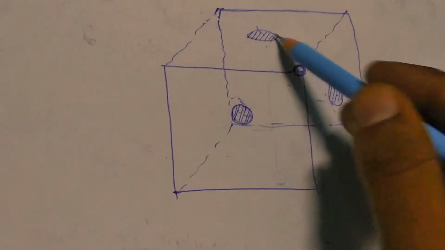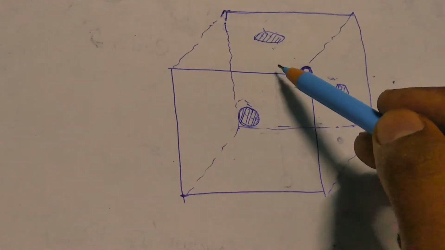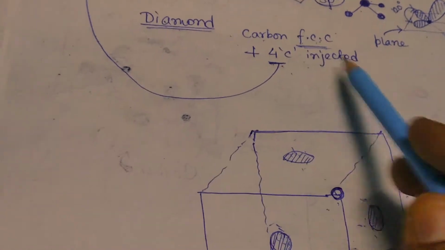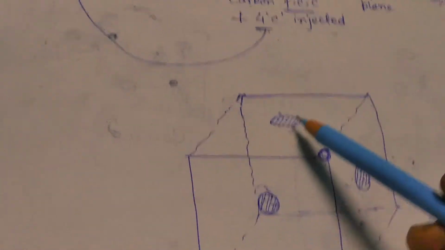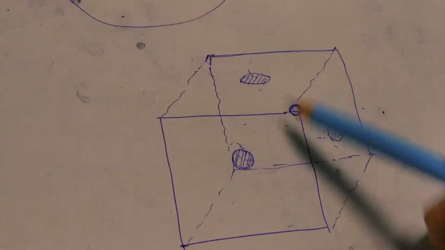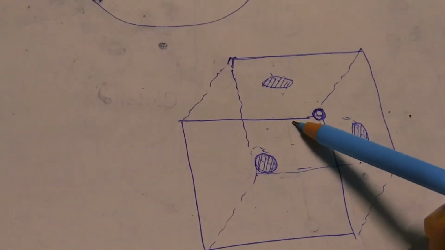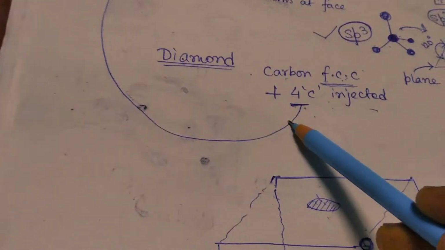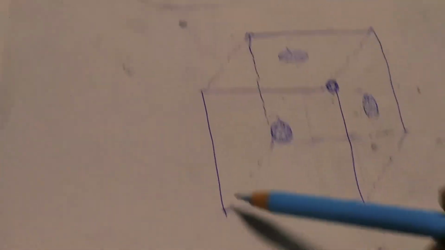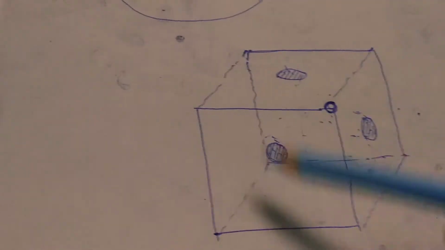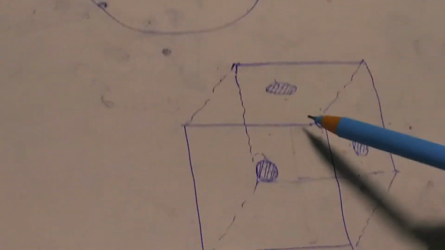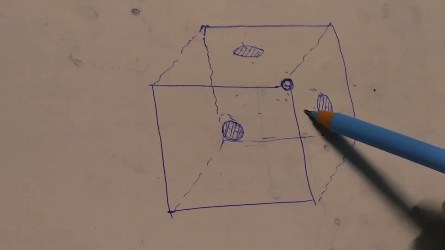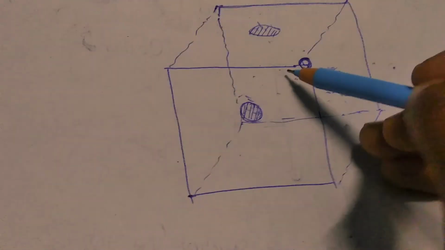So these 4 create a tetrahedral void space in which a carbon atom is injected in this FCC structure. In each tetrahedral void space 1 carbon atom is injected. So these 4 carbon atoms are injected in the whole diamond unit, 1 in each void. Here is a tetrahedral void space and 1 carbon atom.